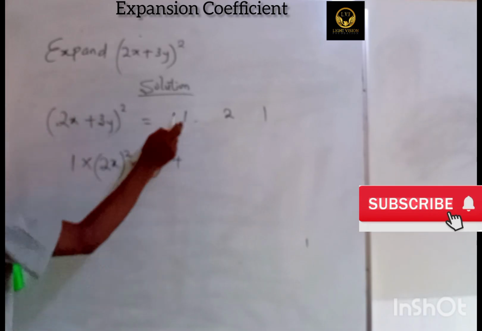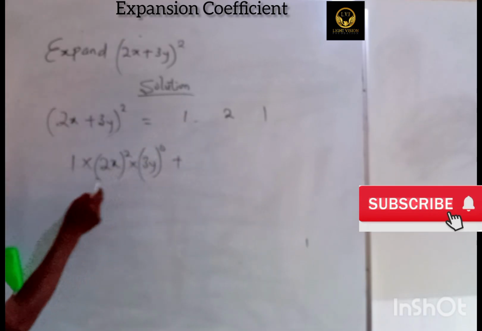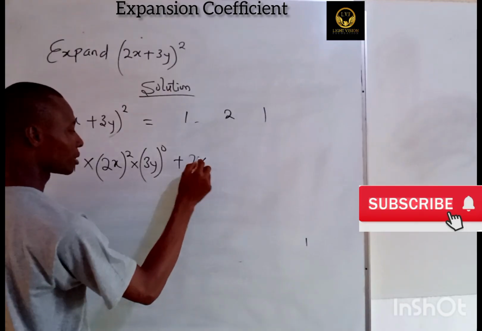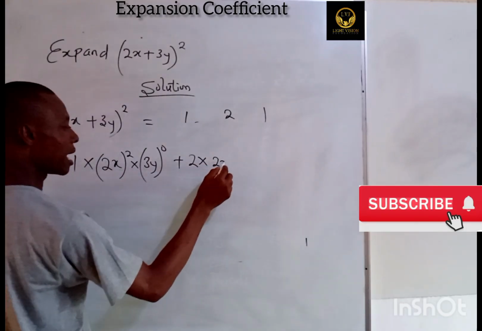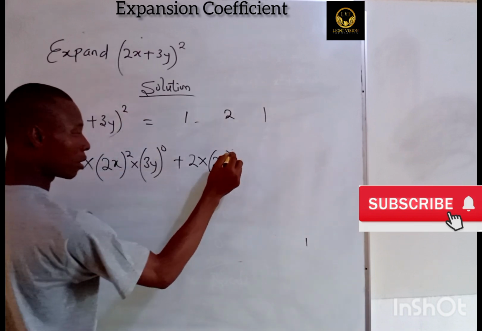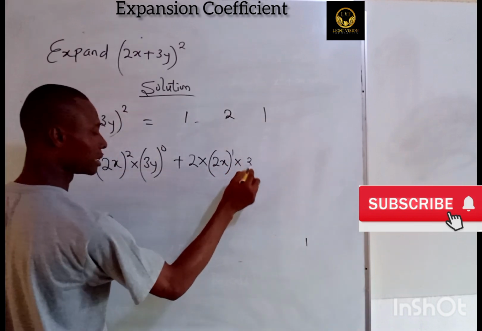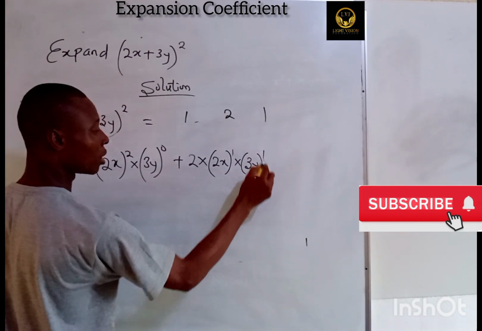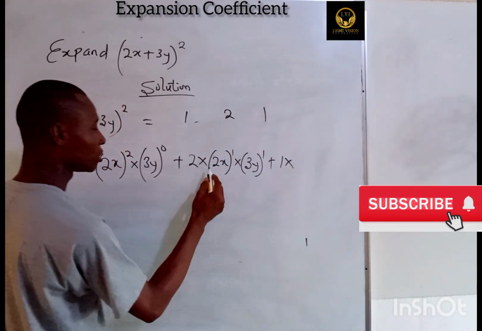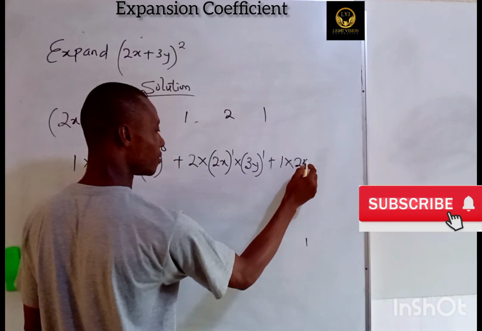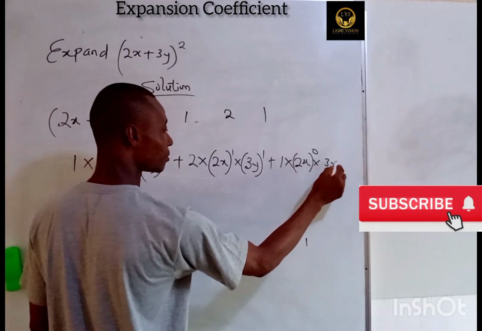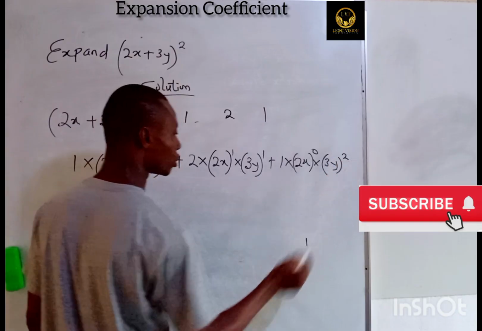Now plus, we've used the first coefficient, we can now use the second coefficient, which is what? 2 times 2x raised to power, because here is 2, it's decreasing by 1, here it becomes 1, and here it becomes 3y raised to power 1, plus we use the last one, which is 1 times 2x raised to power 0, then times 3y raised to power 2.